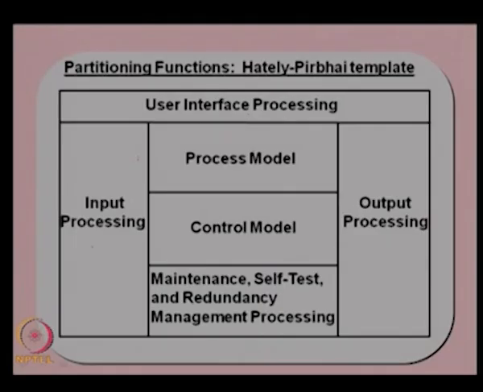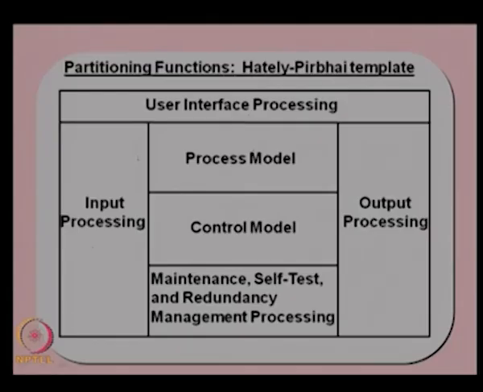How do we process this input data so that it can be converted to an output, or controlled within the system in order to change it to an output? Whatever input comes through the user interface is processed by the input processing, sent through the control model, converted into an output mode, and then the output will be processed and sent to the interface. That is the way the functions are provided.